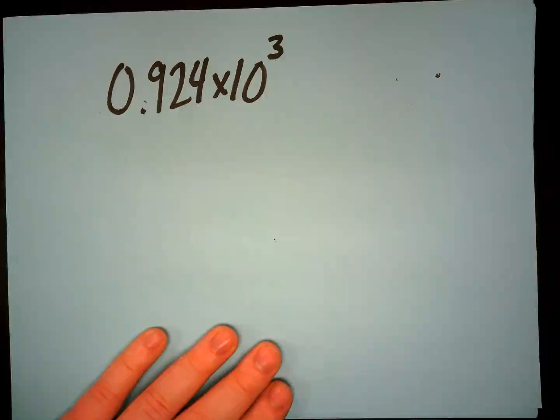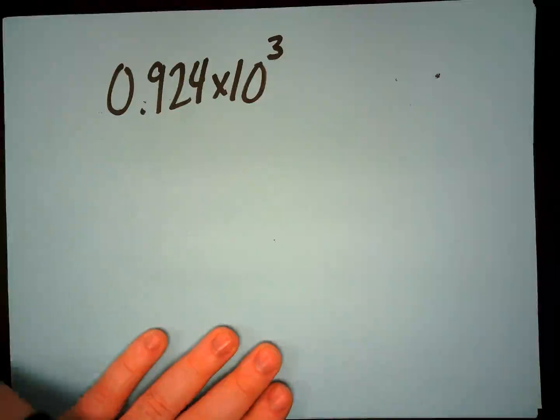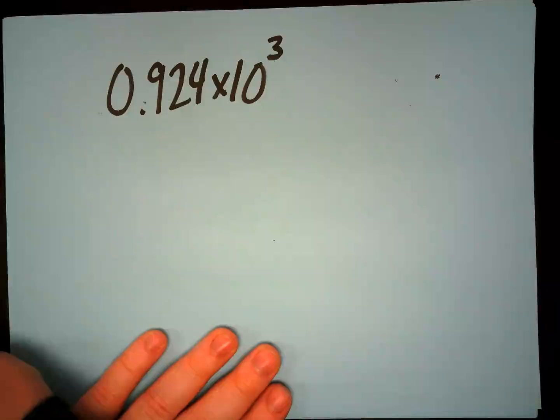So with this method right here, we've got 0.924 times 10 to the third power, and we need to put this into correct scientific notation. So we would think of it this way. Even though it's in scientific notation, we're going to have the attitude and mentality that we're going to put it into scientific notation, or at least we're going to follow those rules.